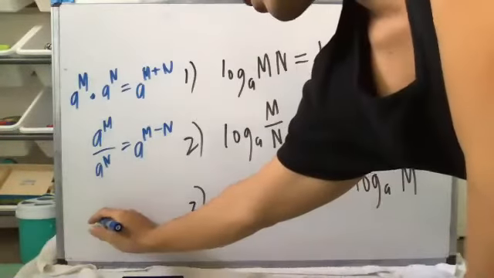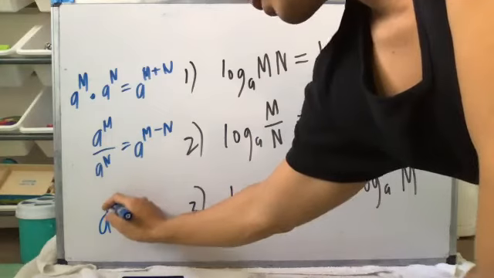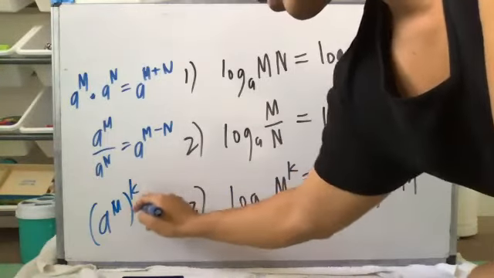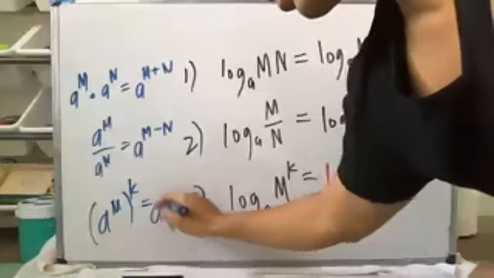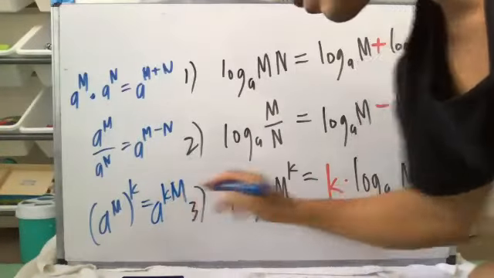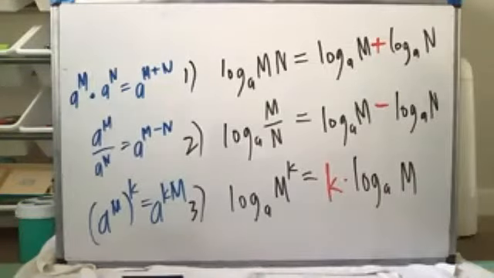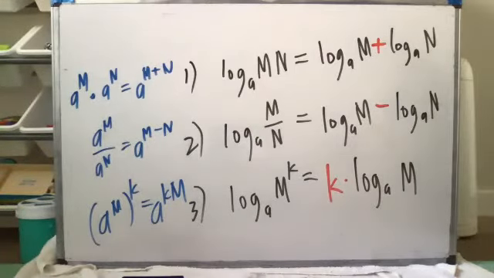And then also for the power, a to the m raised to the k power is equal to a to the k times m. You change the exponent to a multiplication. A similar idea here for each of those three.